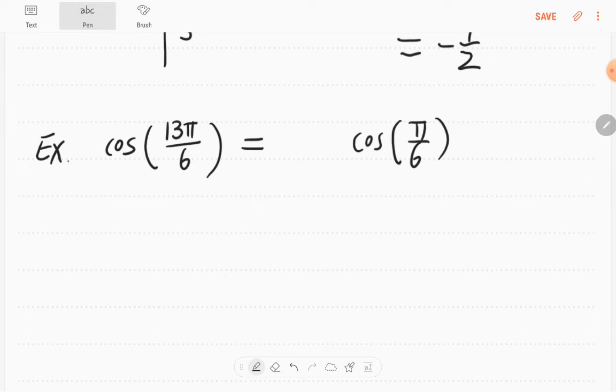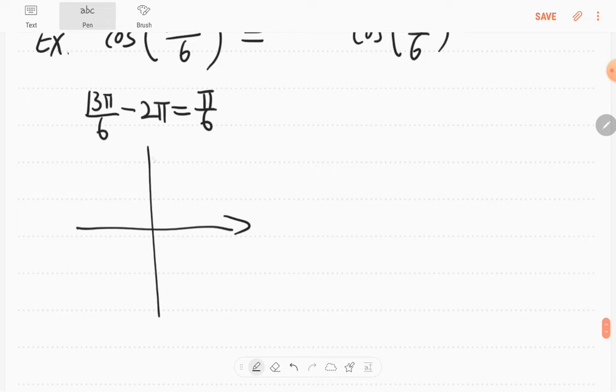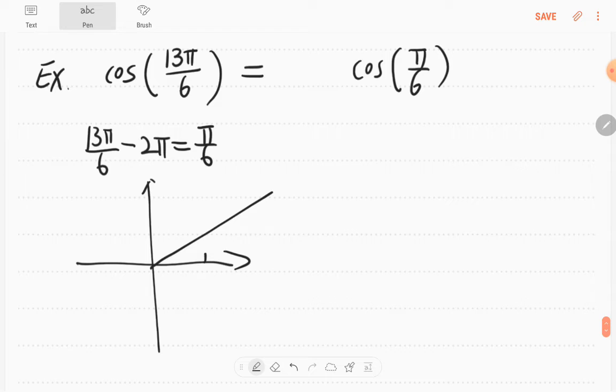Why? Because 13 pi over 6 minus 2 pi is pi over 6, so the coterminal angle is pi over 6, and the reference angle is the same thing, pi over 6. And it's in the first quadrant, so it's positive. So this is square root 3 over 2, right?